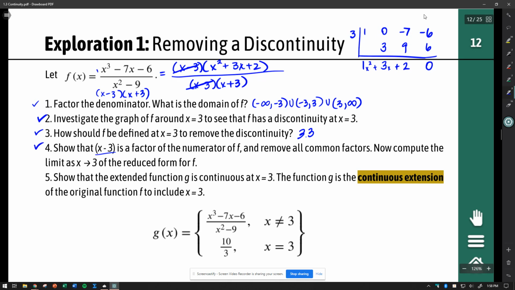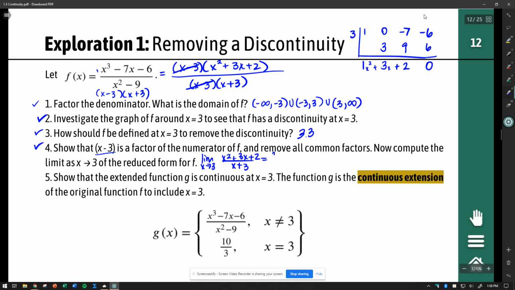Number 4 says take the limit of that reduced form for f as x approaches 3. So what is the limit as x goes to 3 of x squared plus 3x plus 2 over x plus 3? So this can be done by direct substitution.